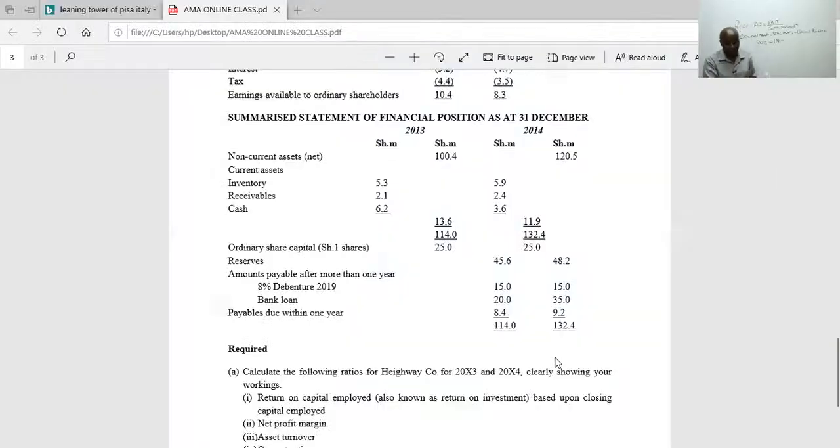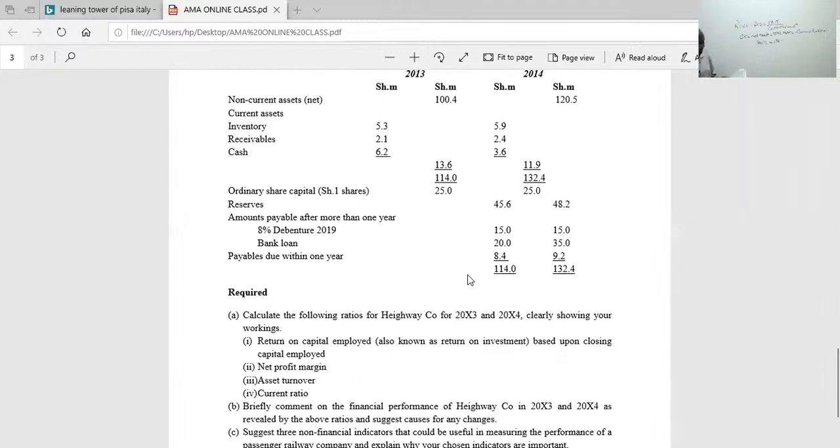Under the amounts payable, we have amounts payable after more than 1 year. I'm not interested in that. I'm interested in the payables due within 1 year. Those are the current liabilities for the year 2013. I can see 8.4 here.